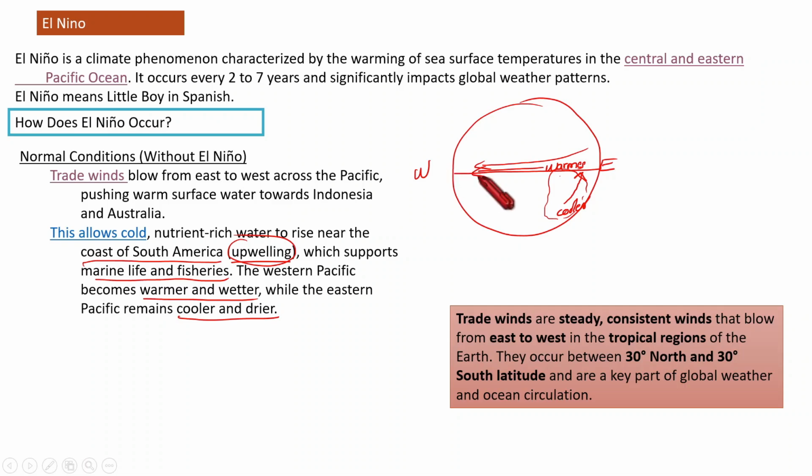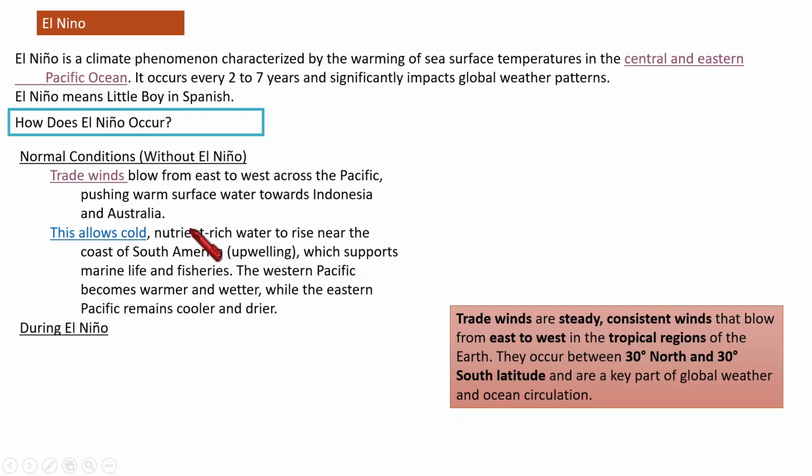A warmer ocean results in more evaporation of water, and there is more chance of precipitation in the form of rain. Here in the east, as there is no warm water, the chance or intensity of precipitation is less in this region. That's it.